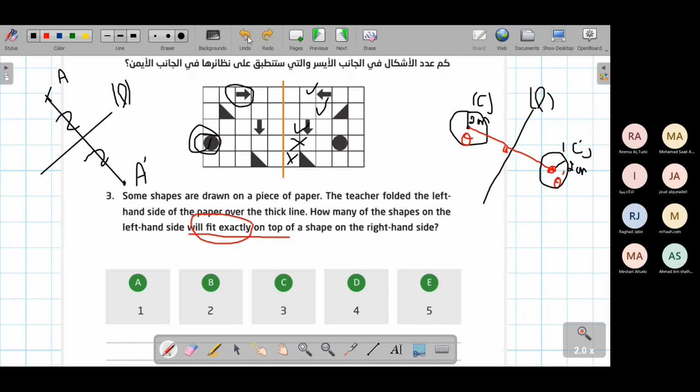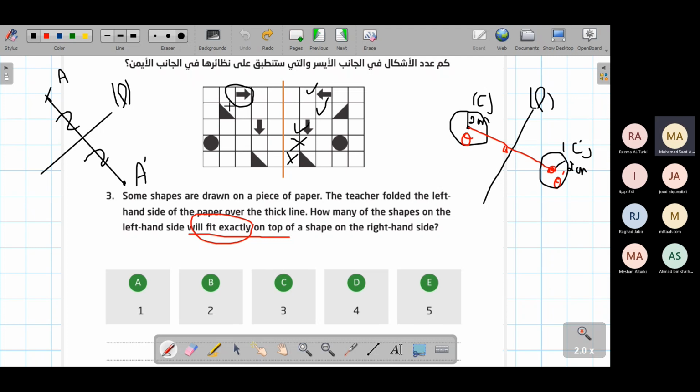Okay, Hala. You can take an example. For example, take a paper of 10 units by 5 units, 1, 2, 3, 4, 5, 6, 7, 8, 9, 10, and 1, 2, 3, 4, 5, and draw the 4 or the 5 figures in your paper.